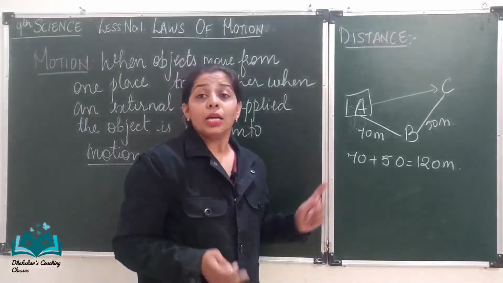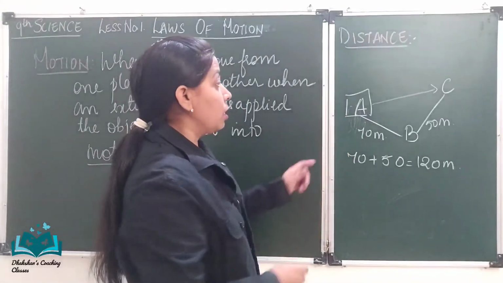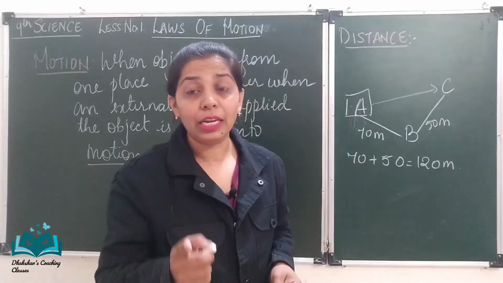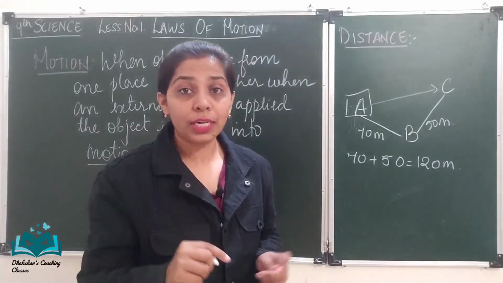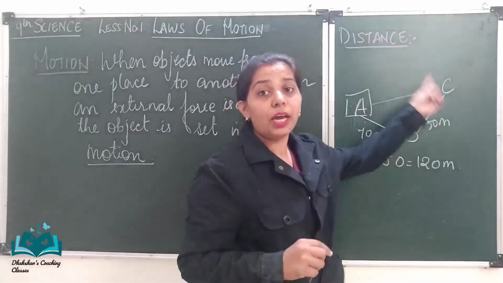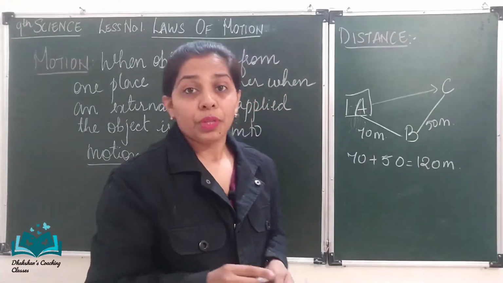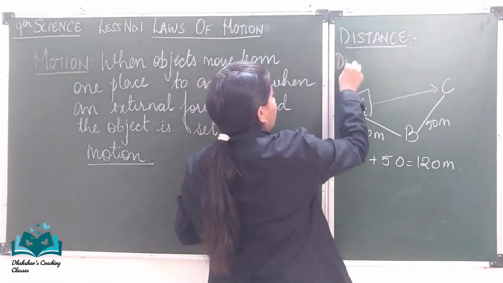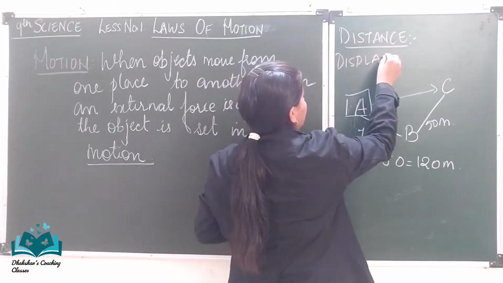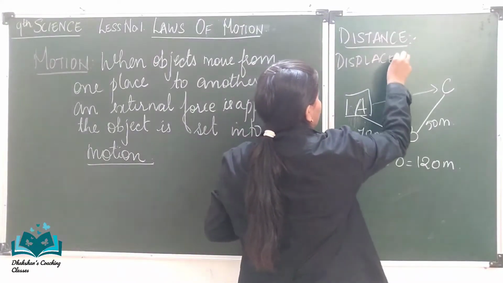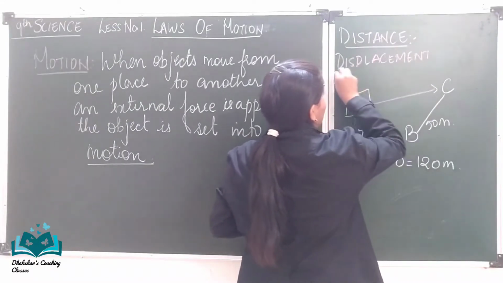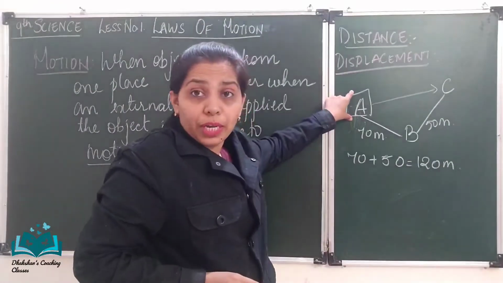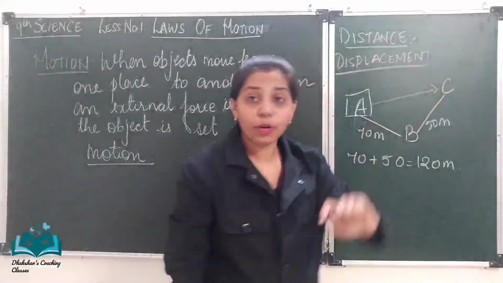Now for example, the shortest route was A to C. I could have travelled from A directly to C. But no, what I did, I first travelled to B and then I moved to point C. But if you go to C, your displacement, the object can be displaced from point A directly to point C.